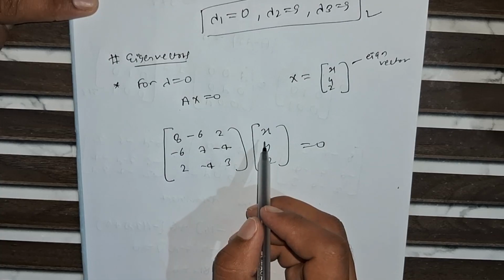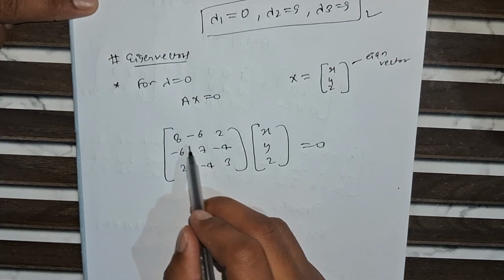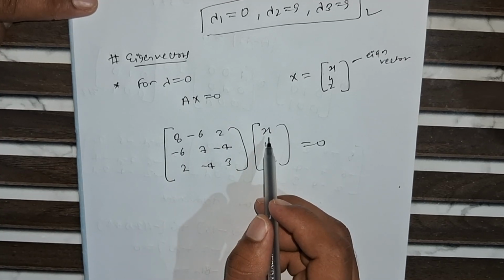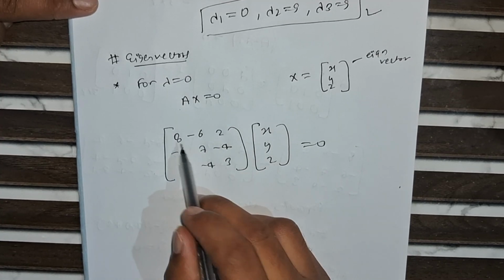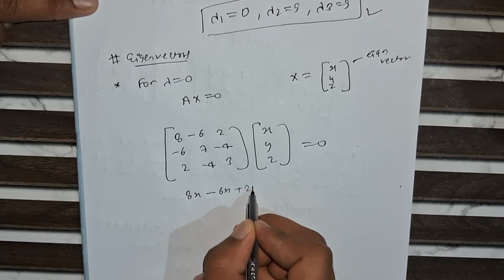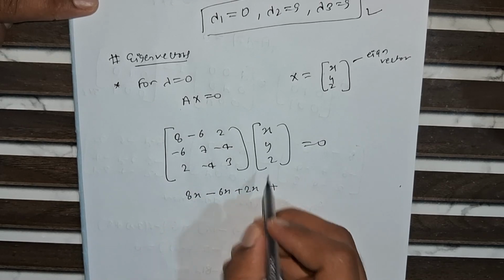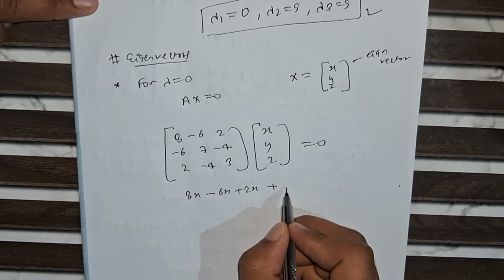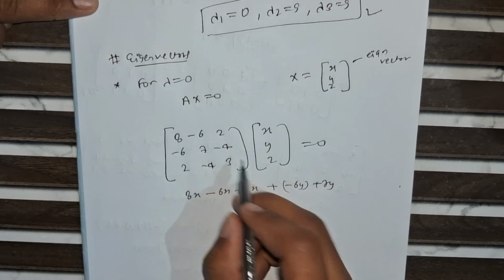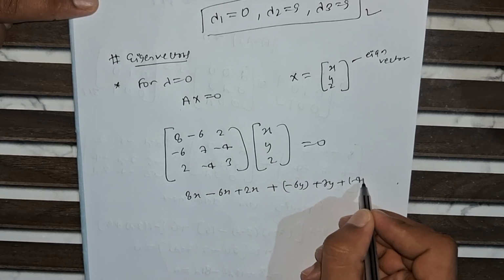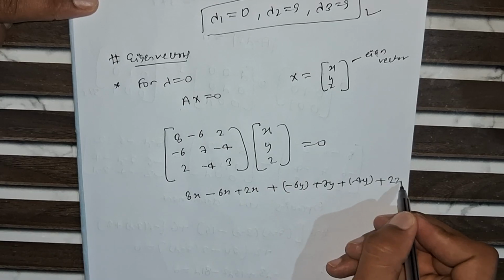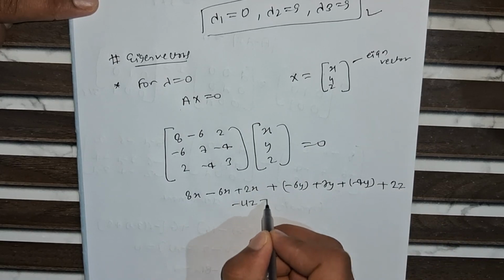So multiply it, row with column. Multiplying x with the first row: 8x minus 6y plus 2z, and so on for the others, like minus 6x plus 7y minus 4z, and 2x minus 4y plus 3z.